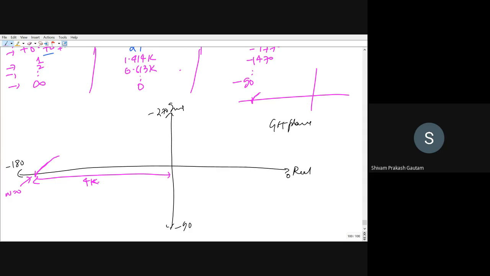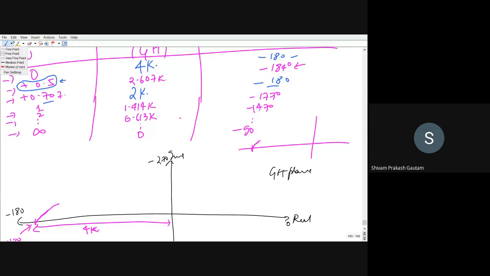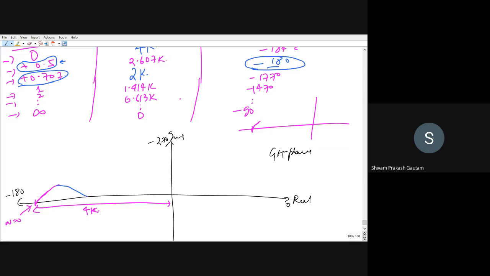You can see, now at omega is equal to 0.707, the phase is again becoming minus 180 degree line. What does it mean? It will again come back and cut this minus 180 degree line. And then it will go on, and you can see at omega is equal to infinite, your phase is minus 90, and magnitude is 0.